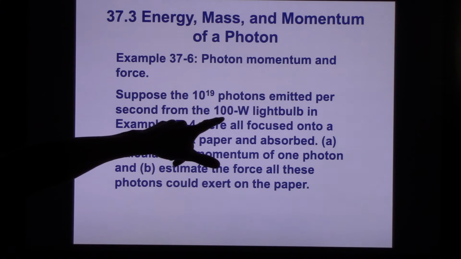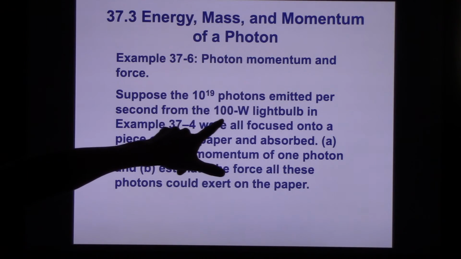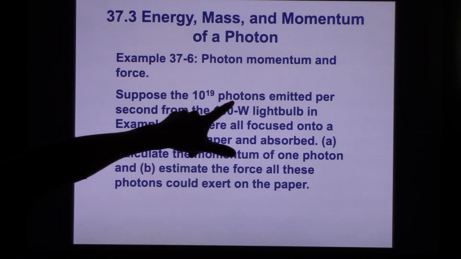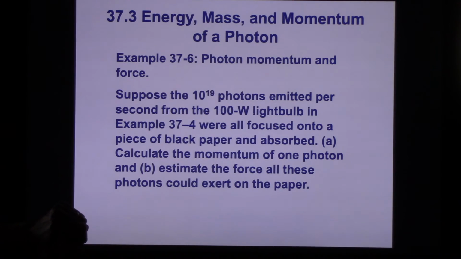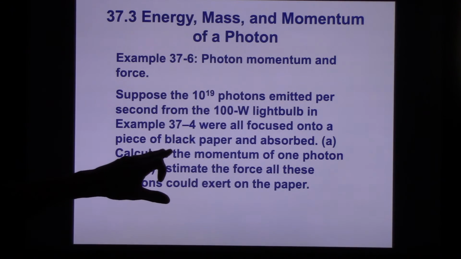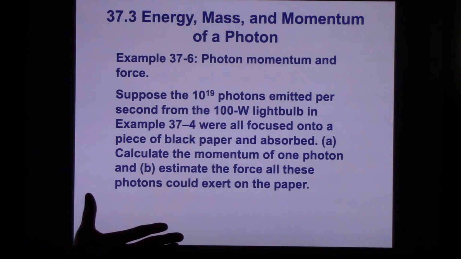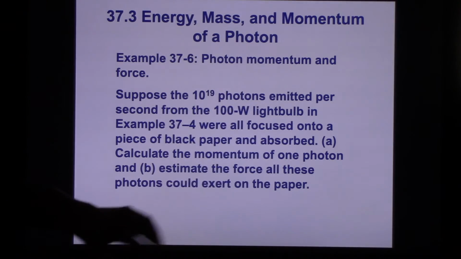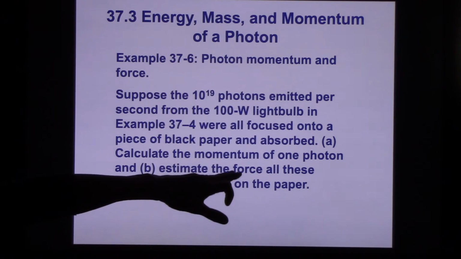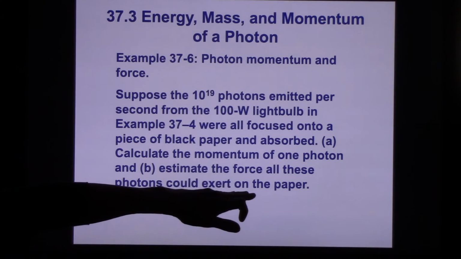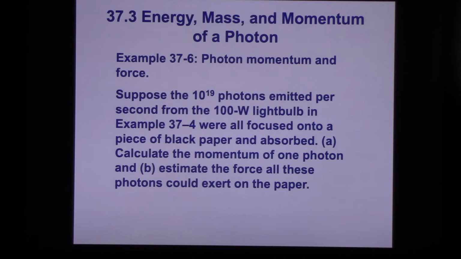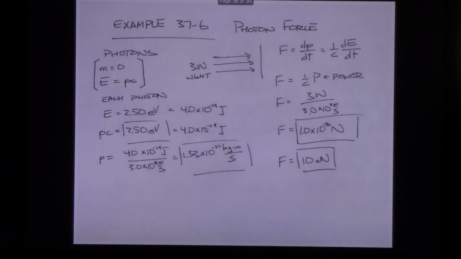It says go back to that light bulb example where you had 10 to the 19 photons every second, and now we're going to focus that on a piece of black paper, and that black paper is going to absorb all of it. We want to calculate how much momentum each photon has and what's the force of all the photons.